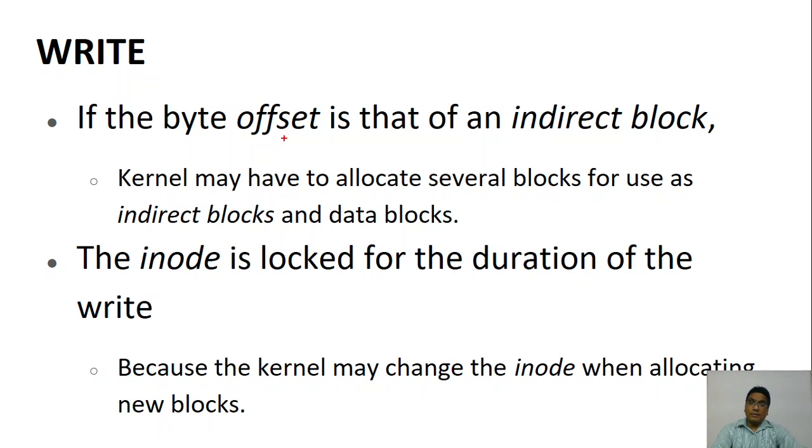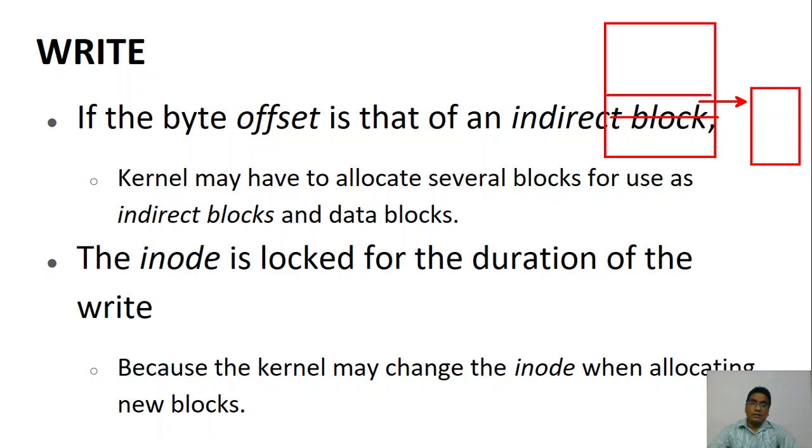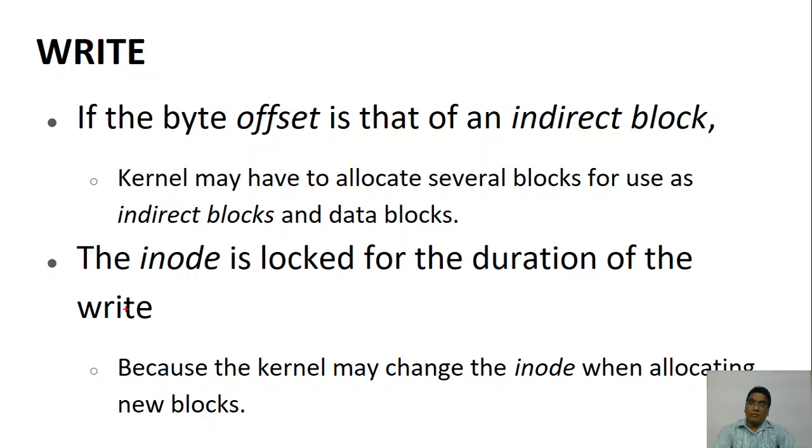Again, we know very well that there are direct and indirect blocks. If it is an indirect block, then we know that the indirect block in turn contains other blocks. So if it is an indirect block, the kernel may have to allocate several blocks before writing the content into the disk.